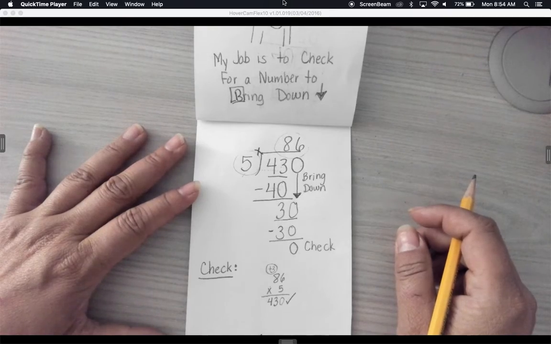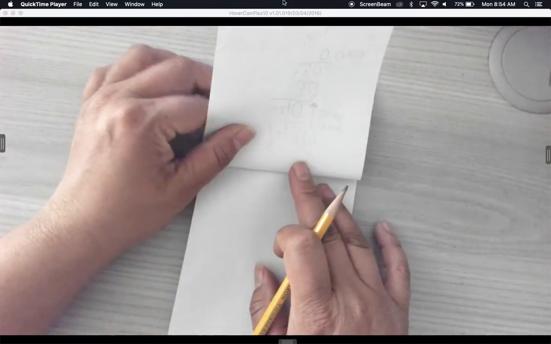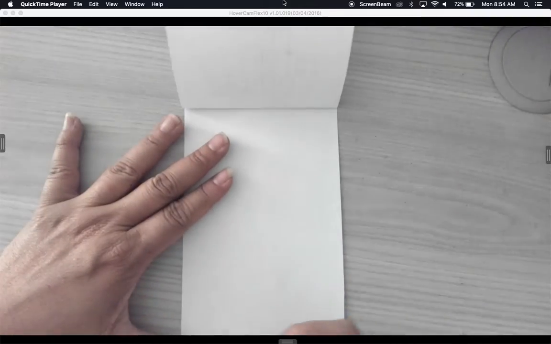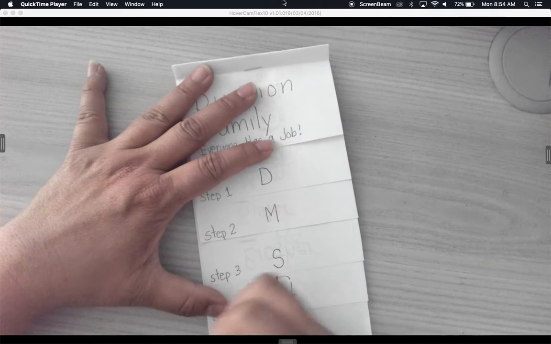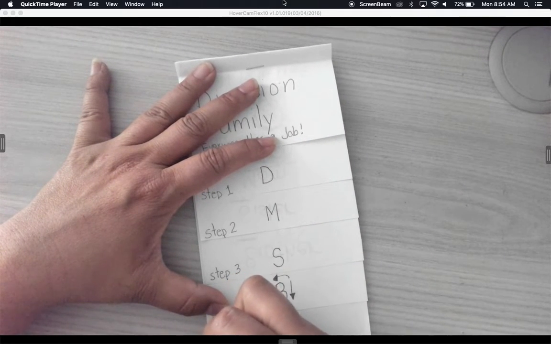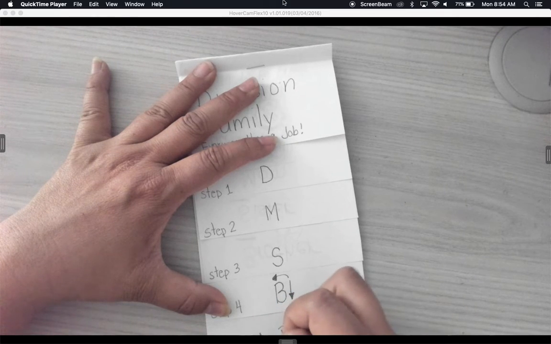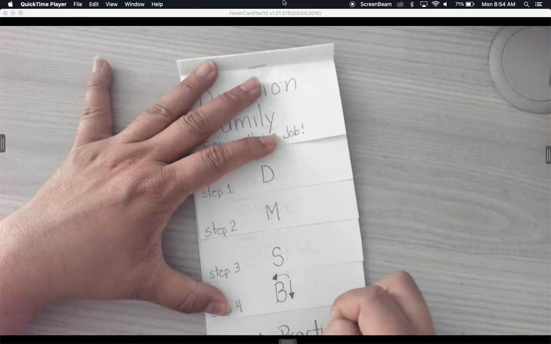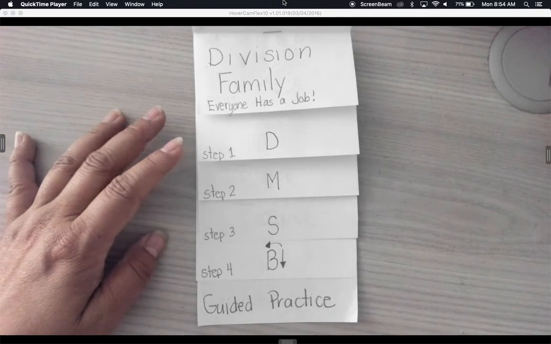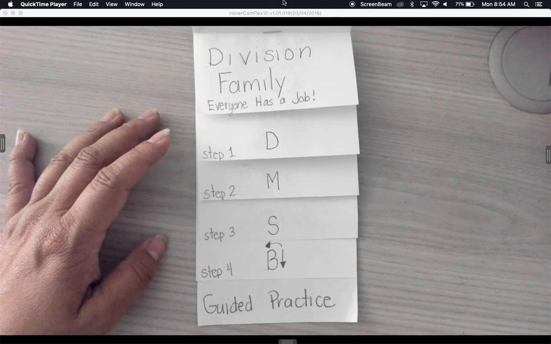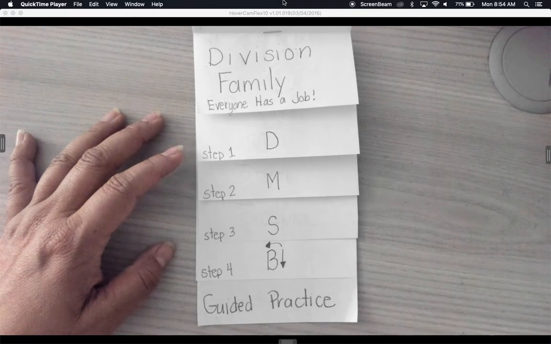Okay, so let's do a problem that has a remainder. So now let's write down guided practice. So what is step 1?